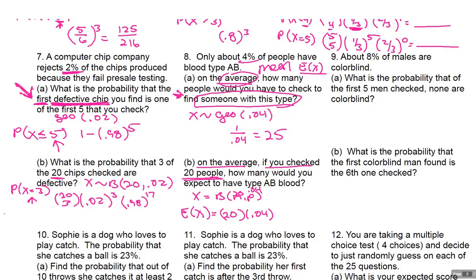If I was going to flip a coin 20 times, how many times would you expect it to get heads? You'd do 1/2 times 20, which is 10. Now that makes sense, doesn't it? This is the same kind of probability. I'm checking 20 times, and the probability of it happening is 0.04. So my mean, or my average, is going to be 20 times 0.04.